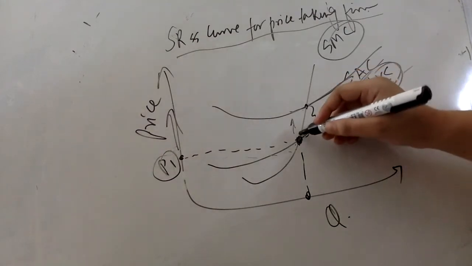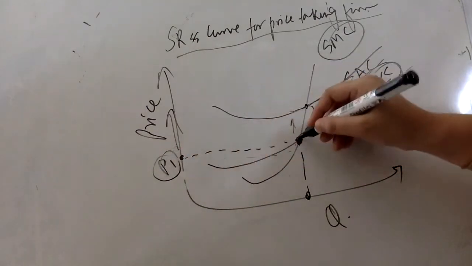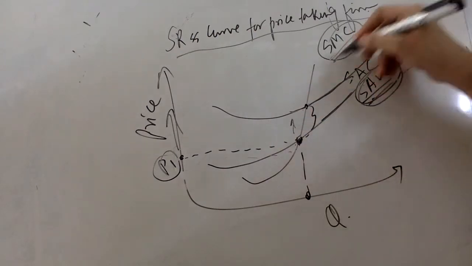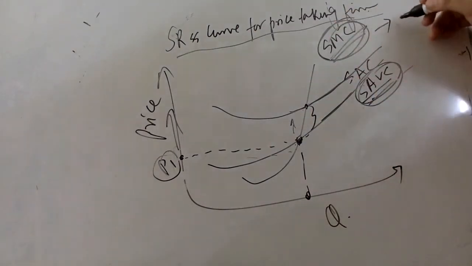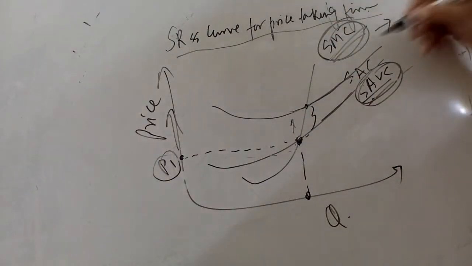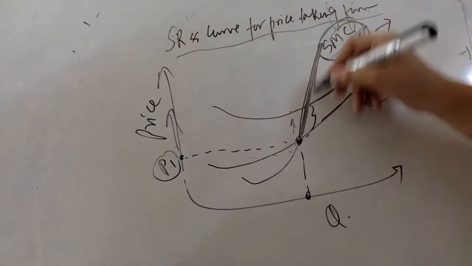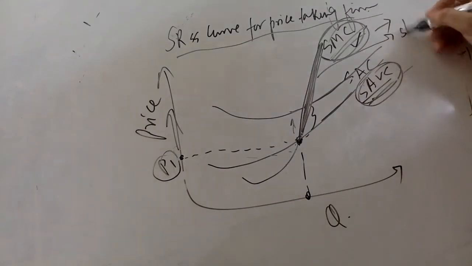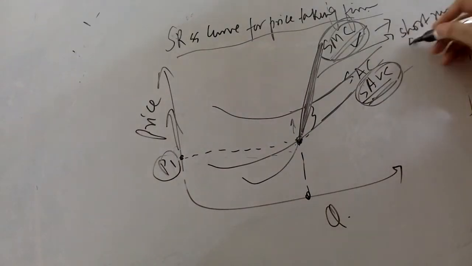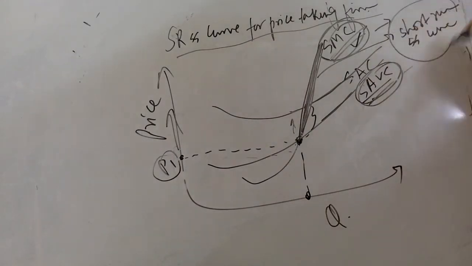So the supply curve therefore moves above P1, and it is a portion of the short-run marginal cost curve. Remember this: the supply curve is a portion of the short-run marginal cost curve. So this portion above P1 becomes the short-run supply curve for a price taking firm.